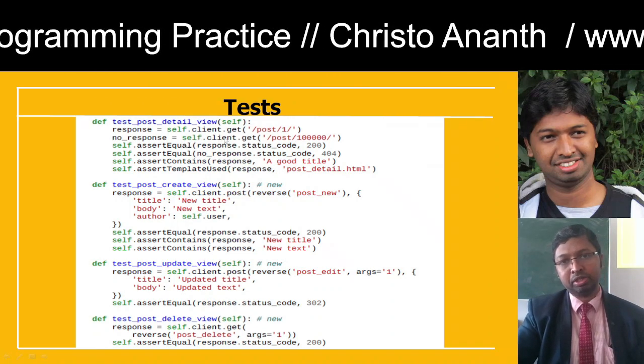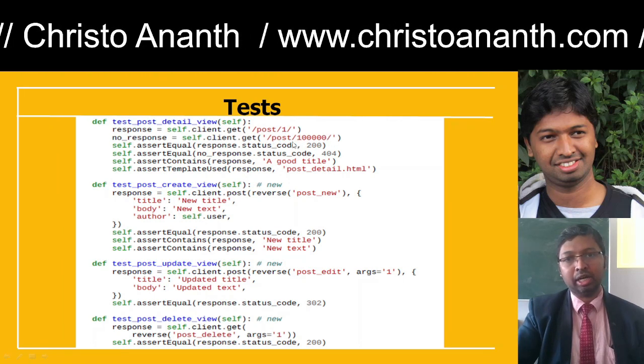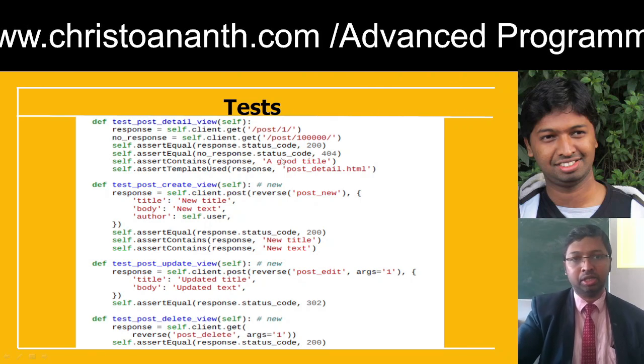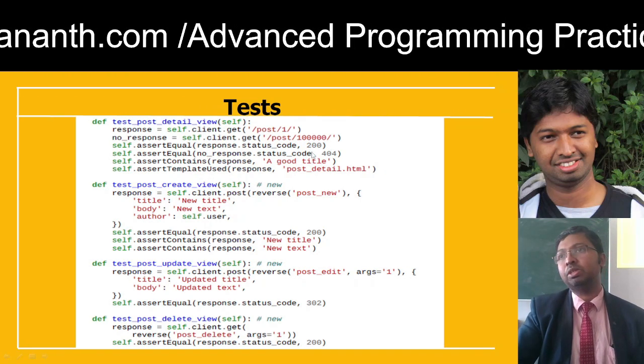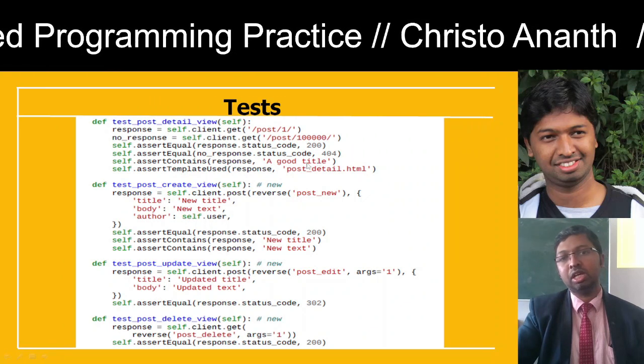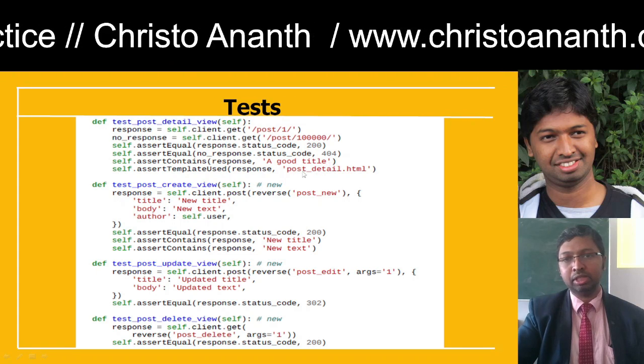For example, no response means you will have self.client.get post 100000. Then self.assertEqual response status code 200, and assertEqual no response means 404. Then self.assertContains response a good title, and then self.assertTemplateUsed it is post_detail.html.